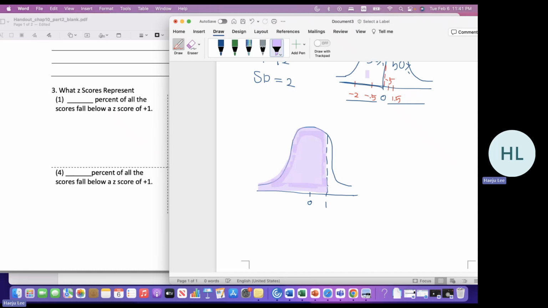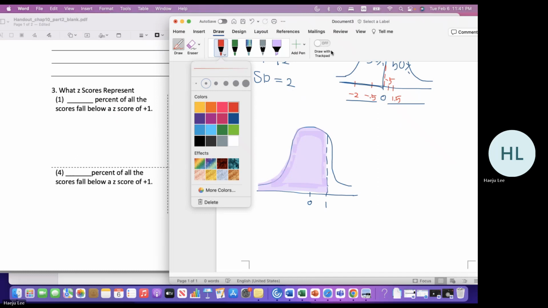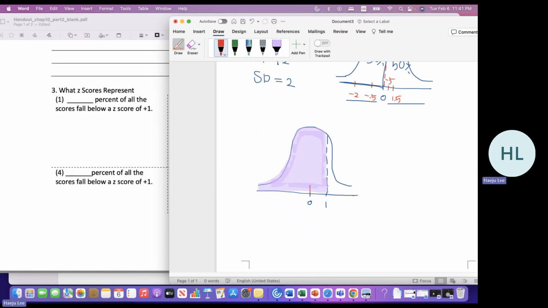But as I mentioned before, half of the distribution is 50%, right?